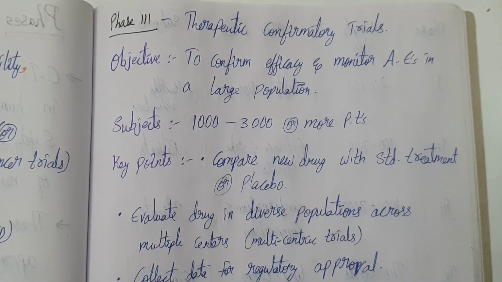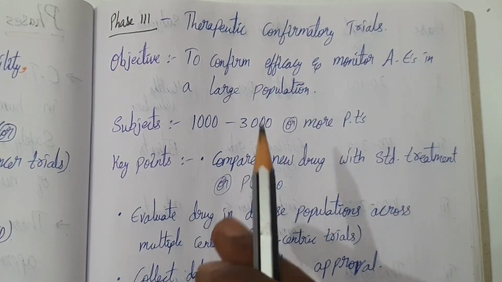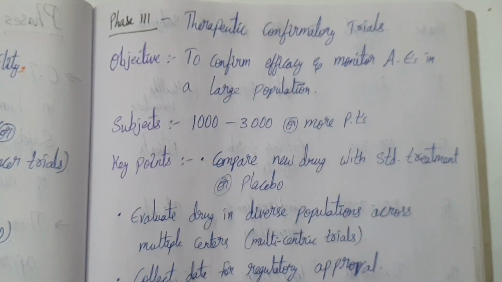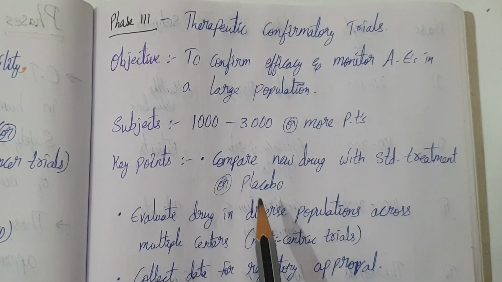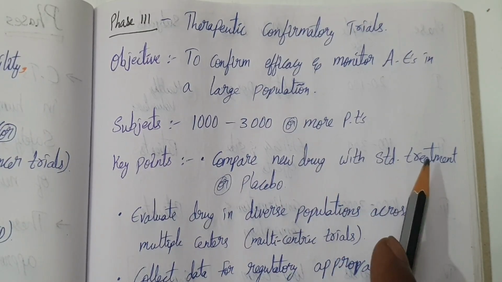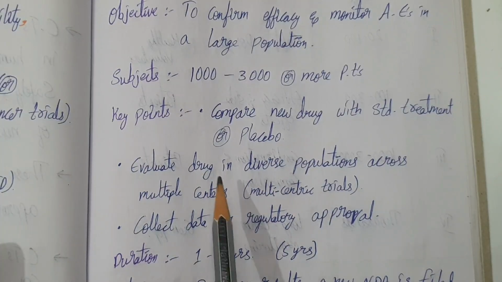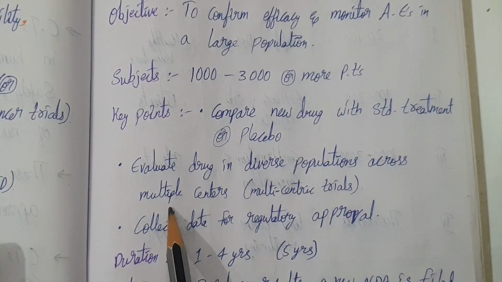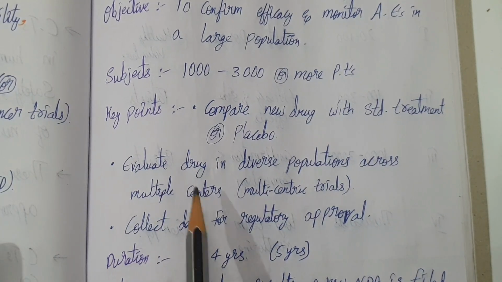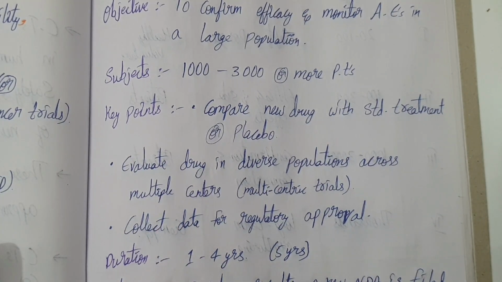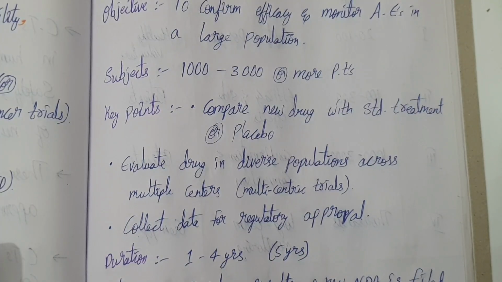Key points include comparing the new drug with the standard treatment, as we are confirming efficacy, and evaluating the drug in a diverse population across multiple centers. It means conducting multicentric and international trials, and collecting data for the new drug application.